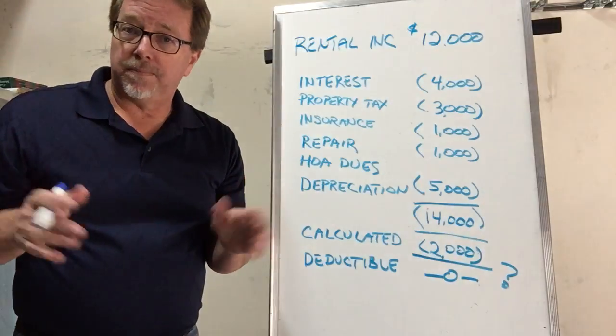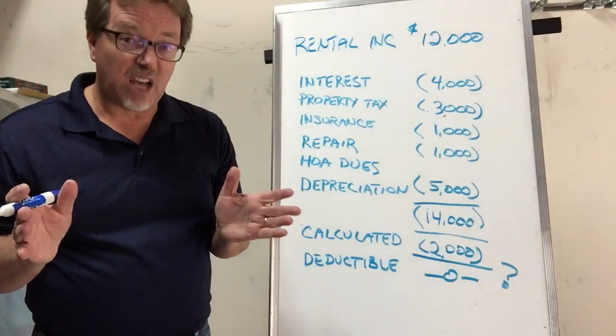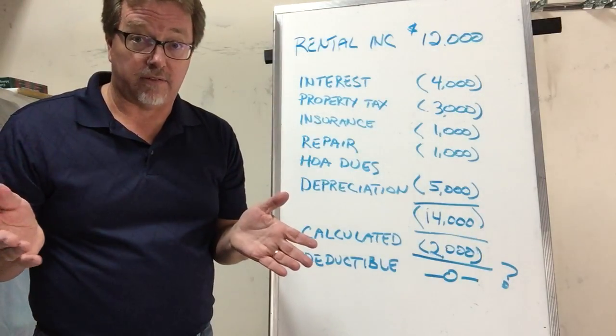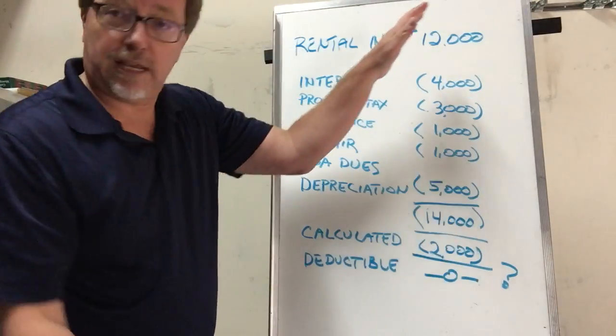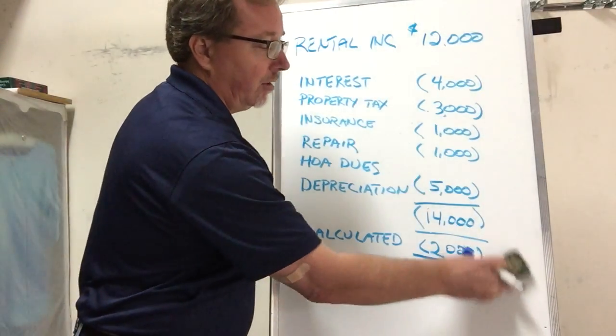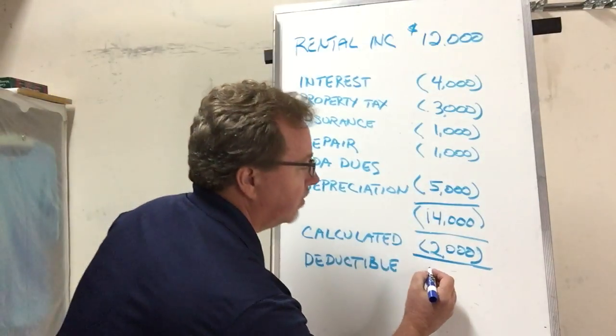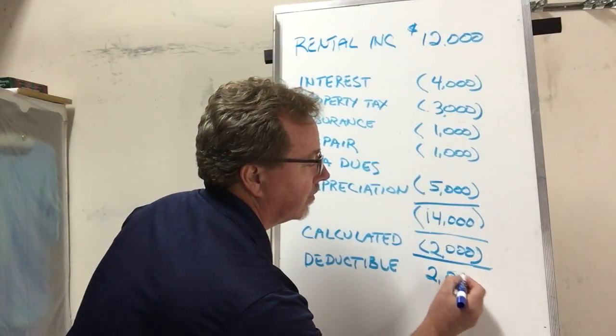Let's say you're single and your salary is $75,000. That's the only income you got is a W-2 with $75,000. And you have a rental property and you calculate this $2,000 calculated loss. What is your deductible loss? Your deductible loss is also $2,000.